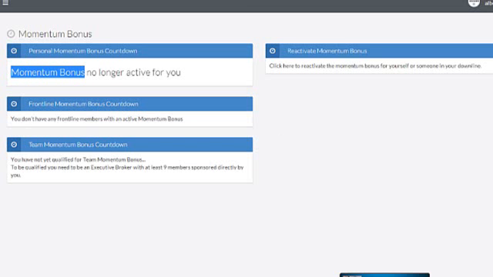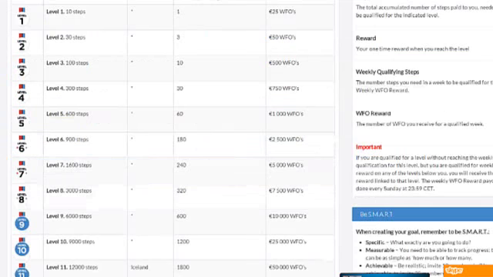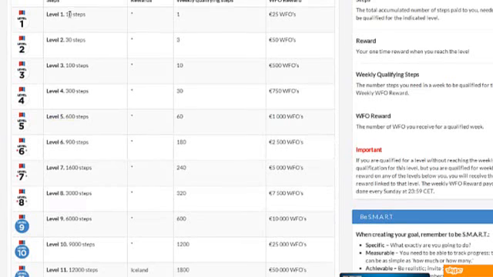Okay, the recognition bonus, which I want to go over a little bit, is a powerful incentive tool. Everybody starts out with level 1 with a recognition bonus, and this is a reward that you get over in the other column. But basically, you're going to go through steps, and the stepping stone goes like this. This is cumulative steps, 10 steps, 30 steps, 100 steps.